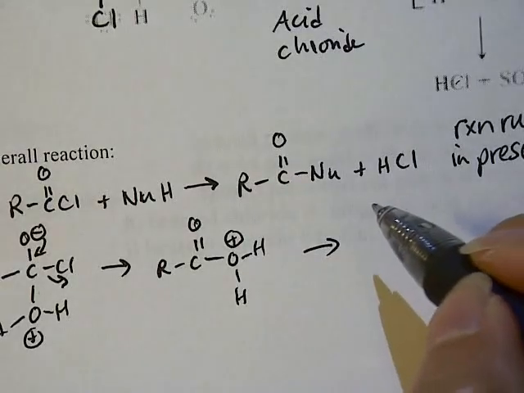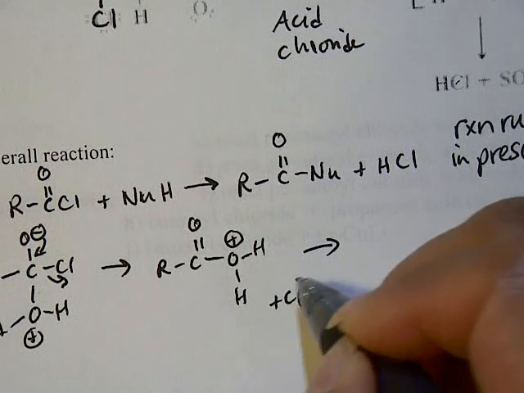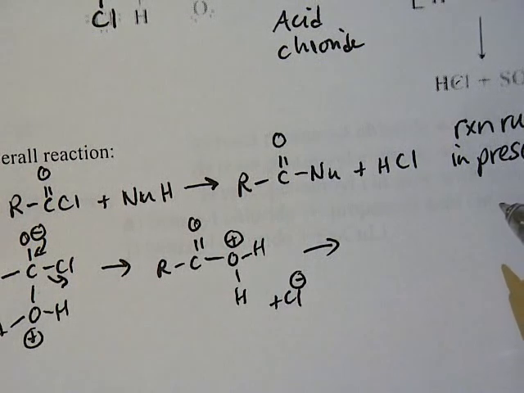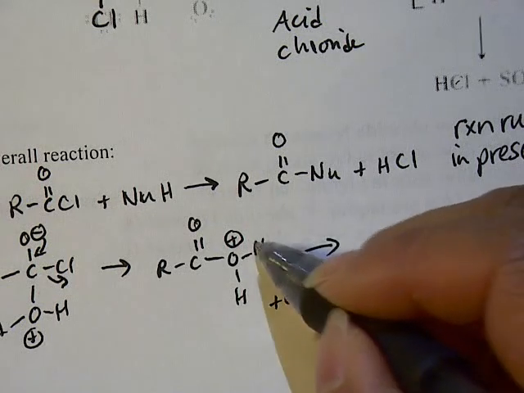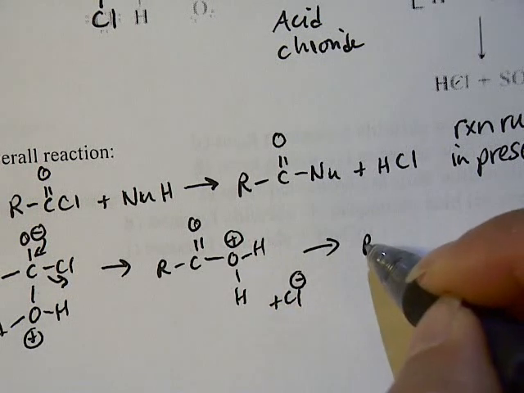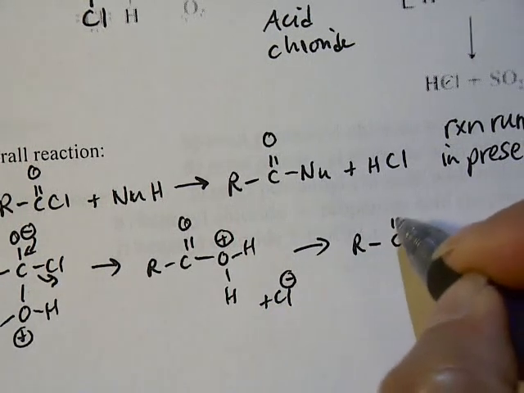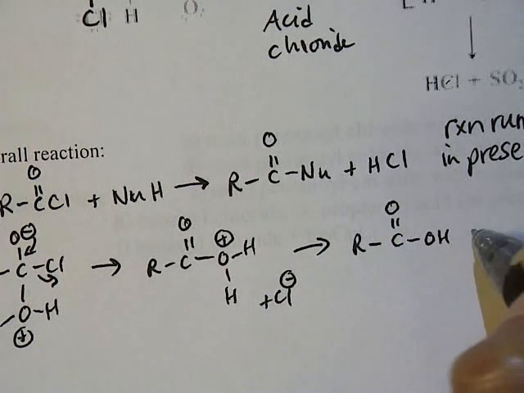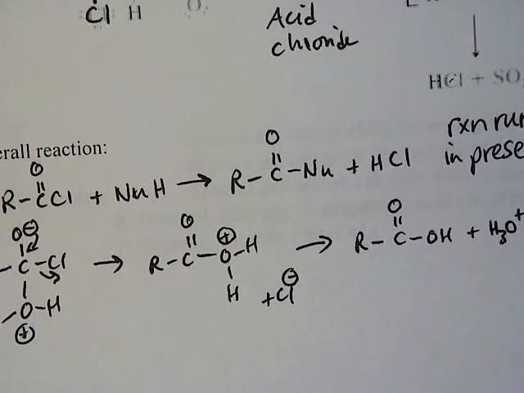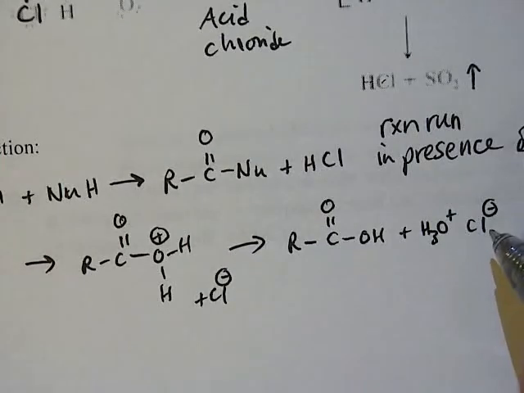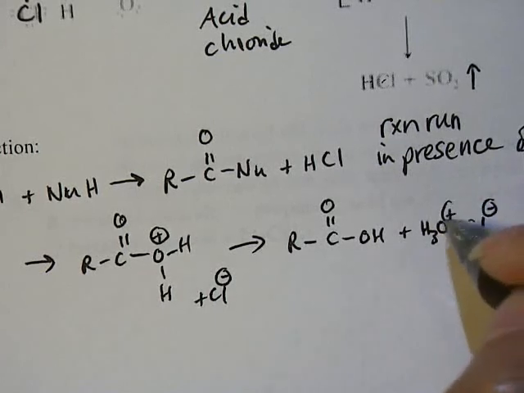And then all you need is a proton. So chloride minus is the byproduct, and either the water, most likely, is going to come and grab the extra proton. So you form the hydronium ion again, and then you have the Cl minus as the counter anion.